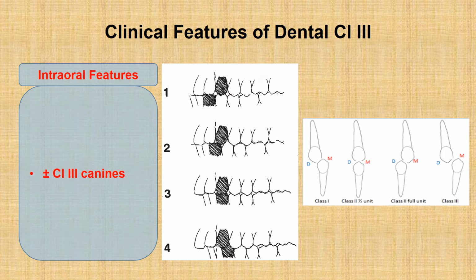The canines are in class 3 relationship. This is whereby the upper canine does not sit on the embrasure between the lower canine and first premolar, but is positioned more posteriorly, as can be seen in diagram 1 here.